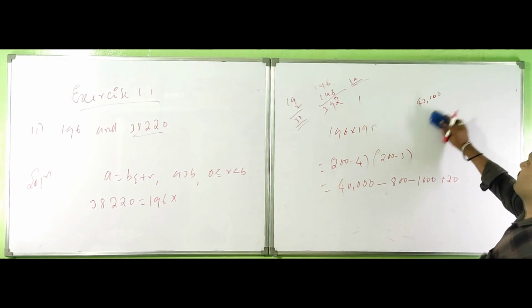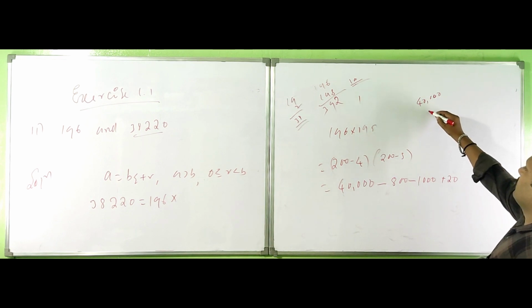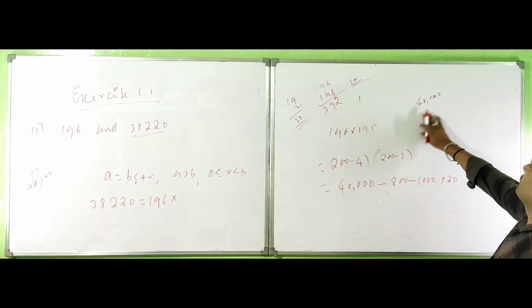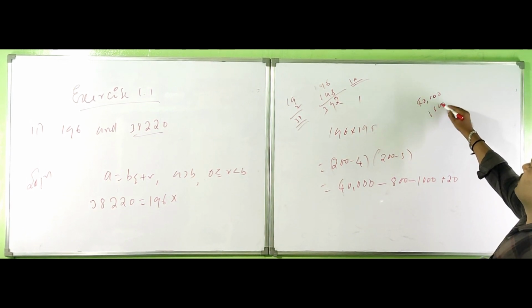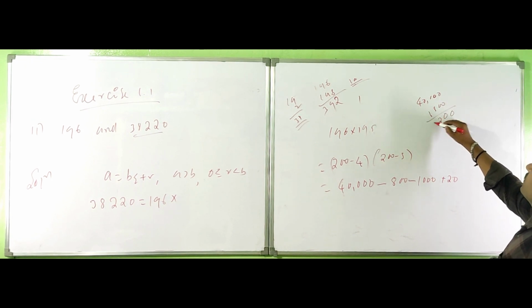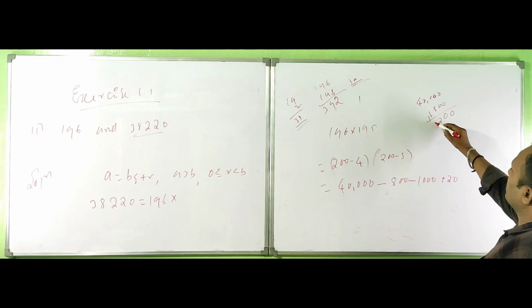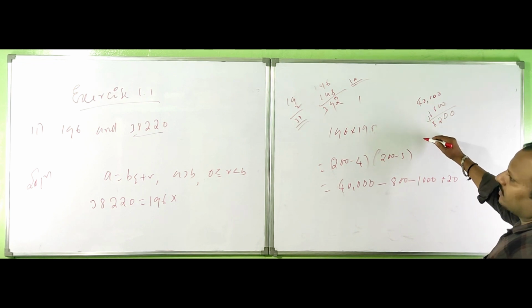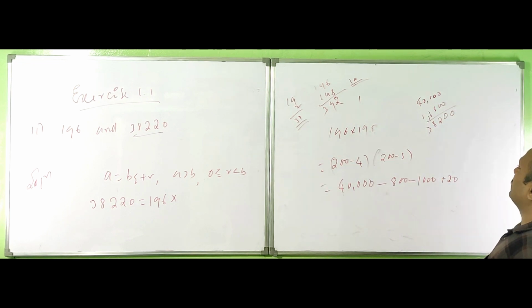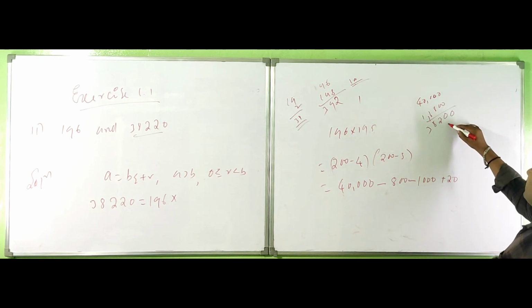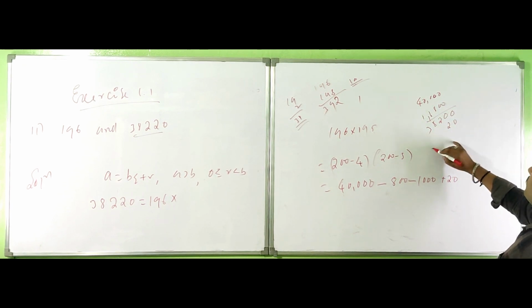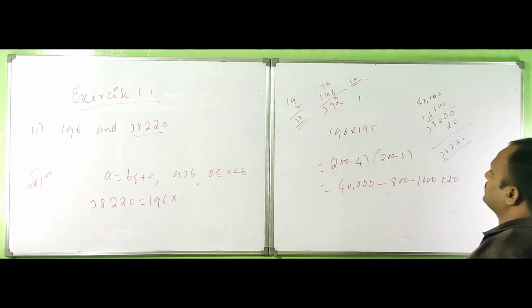Again make it here 1,800. So 30 plus 20, 38220. Yes.